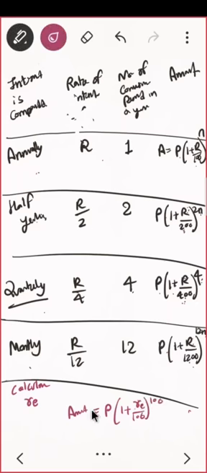Is that clear to you? This is another method to calculate compound interest. Directly from here also it works, either use this method or you find the effective rate of interest per annum. And I am talking about per annum, so that's why here it is R upon 100 raised to n, like this.